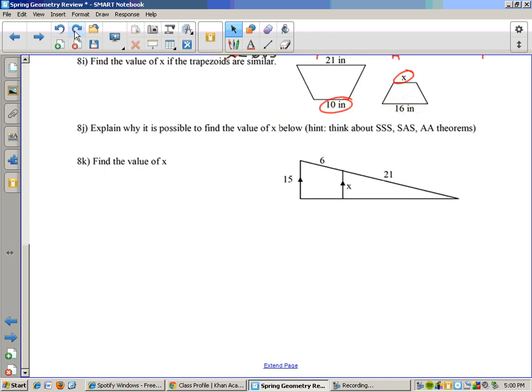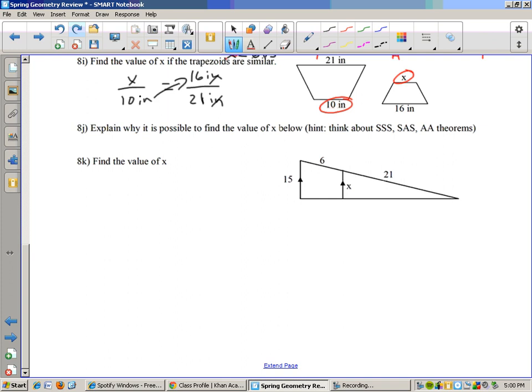If we take that assumption into play, then we can say, look, x is to 10 inches as 16 inches is to 21 inches, and inches are going to reduce and just multiply that direction, and you're going to get x equals 160 over 21 inches, which, could you reduce that for me, 160 over 21 in your calculator?